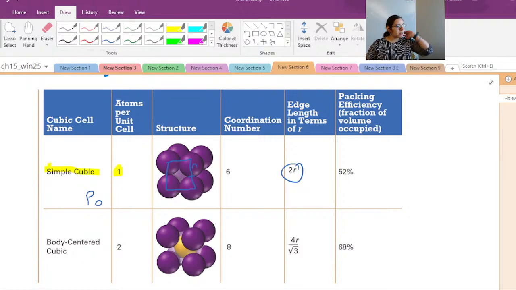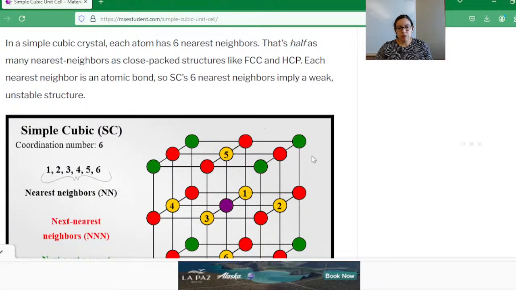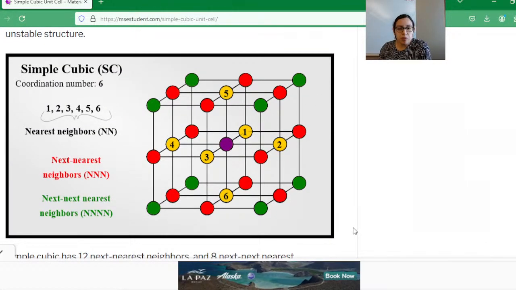Trying to see if I can get maybe a slightly better picture. So yeah, this is a better picture for the coordination number.